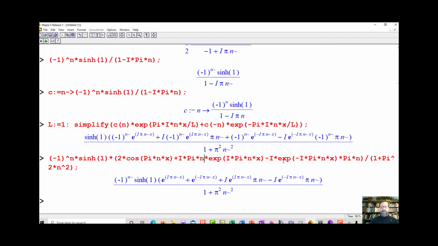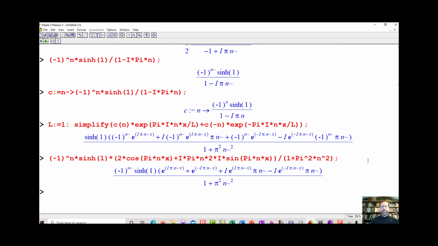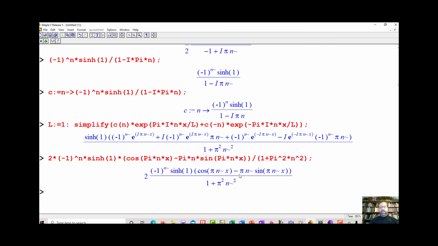When we're subtracting these exponential functions, we'll have 2i times the sine of pi nx, eliminating this other term. Well, I times I is negative 1, so we can get rid of the i's, and both terms now have a factor of 2, so we can factor the 2 out on both of those terms, giving our simplified coefficients in this form.